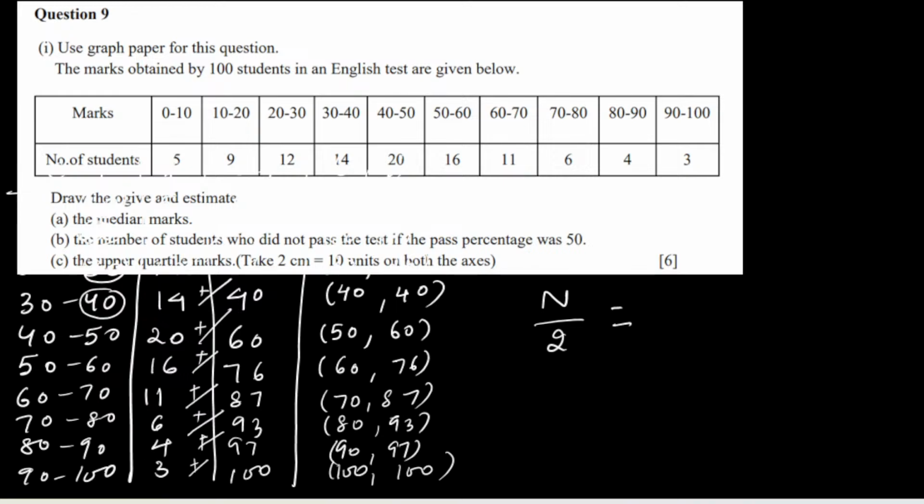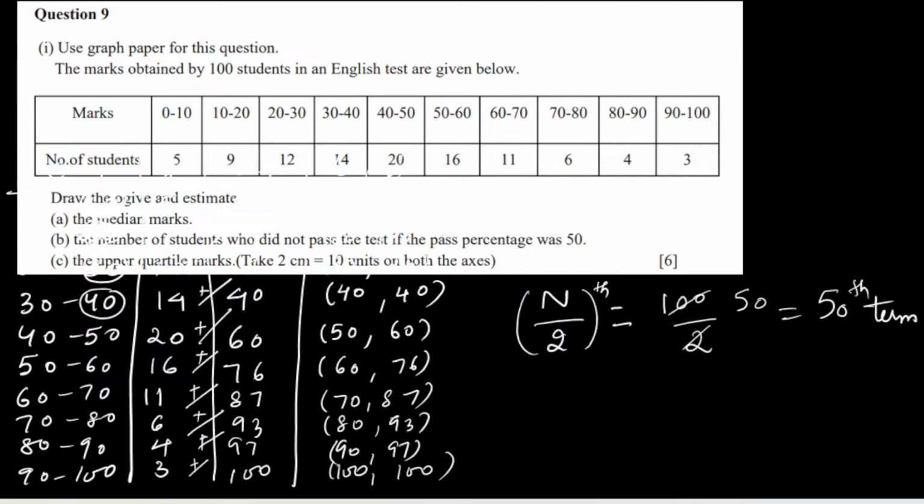N is the total number of frequencies. If you total the frequencies, it is 100. We have already done that, the total is 100. So 100 by 2, this term you will get. For the median you have to do the n by 2 term. So here it will be the 50th term. So the 50th term is the median.